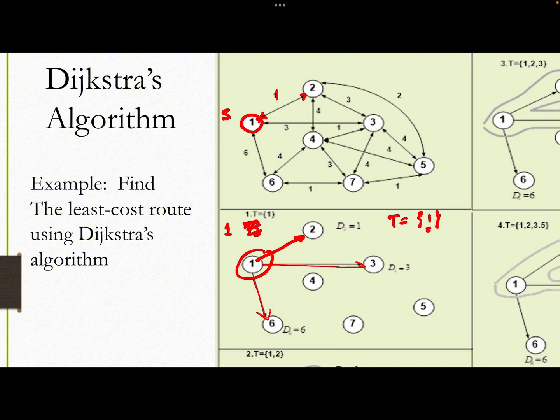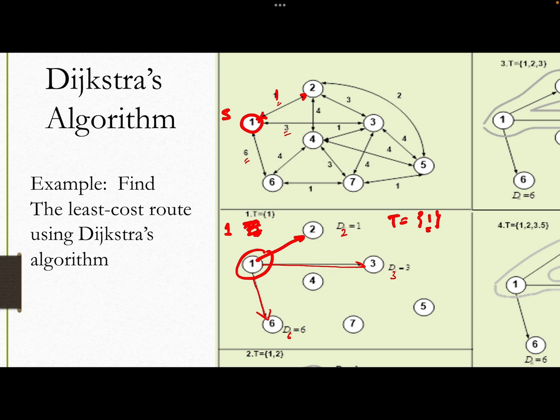D2 equals 1, so node 1 to node 2 has a cost of 1, node 1 to node 3 has a cost of 3, node 1 to node 6 has a cost of 6, and node 1 is not connected directly to 4, 5, and 7, so there is no link there.